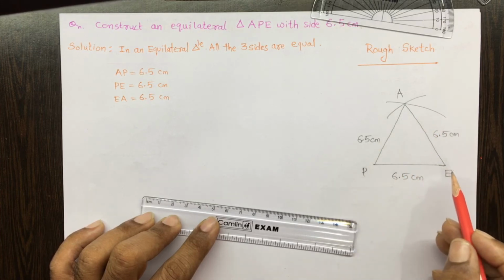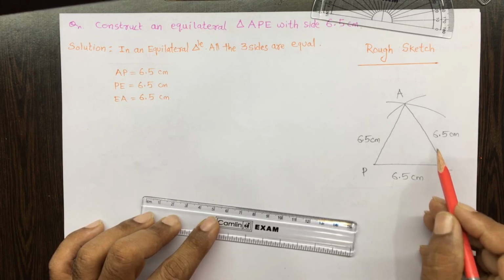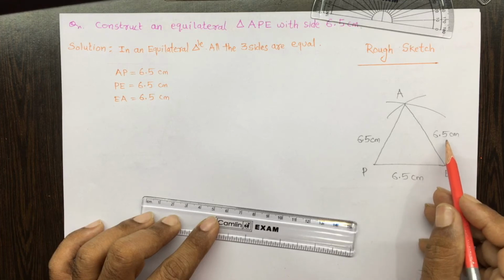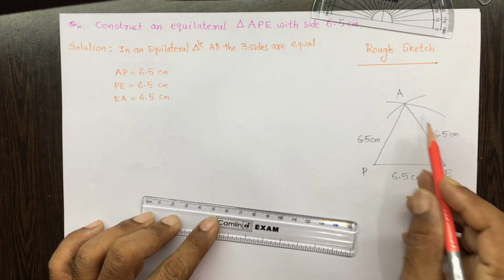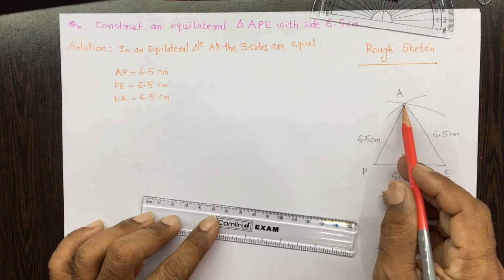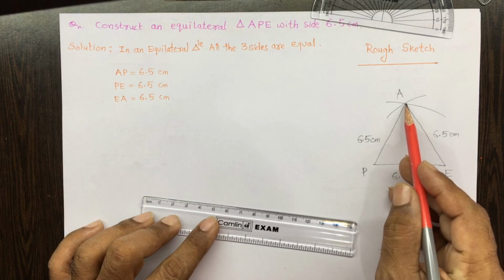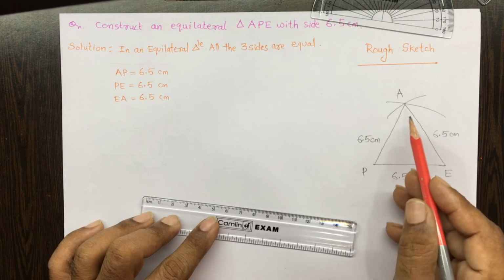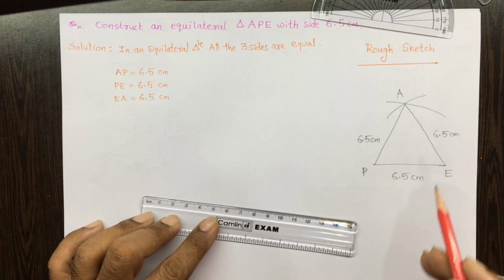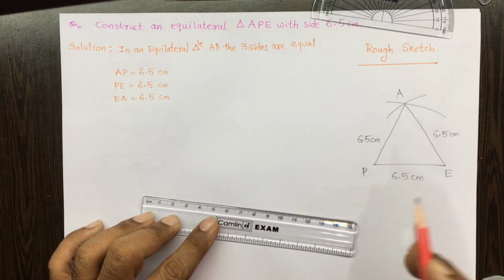At the same time we need to draw from E also with the same 6.5 centimeters radius another arc, which must cut the first arc. The intersecting point is called A, then you can join AP and AE. Hence, we will get a triangle APE, which is an equilateral triangle.